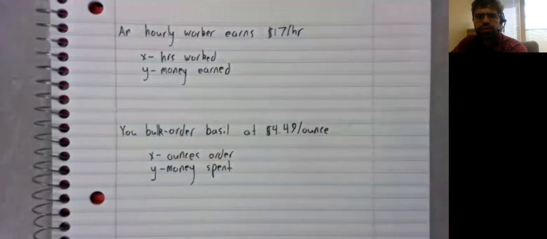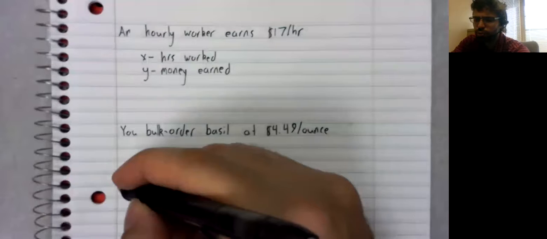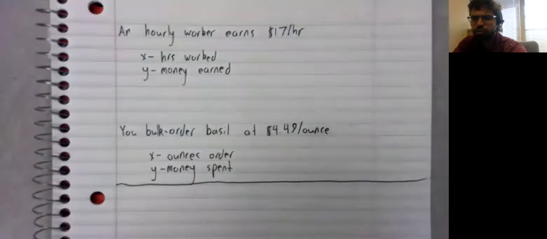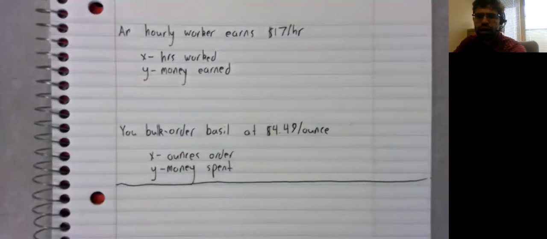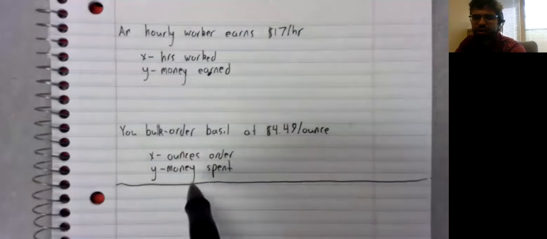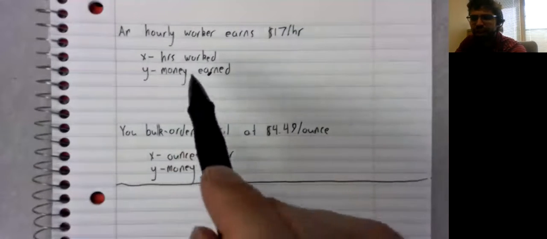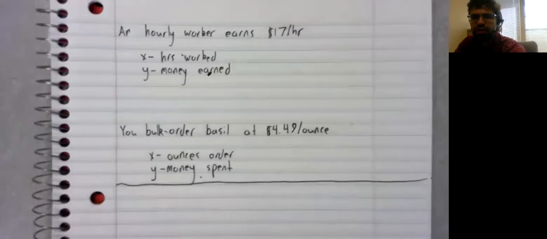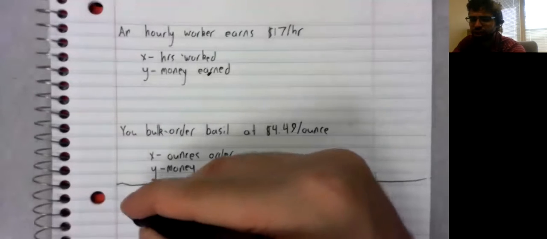So these two examples don't have a lot to do with one another. They both involve money, but here it's money earned, here it's money spent, and the X values mean totally different things.